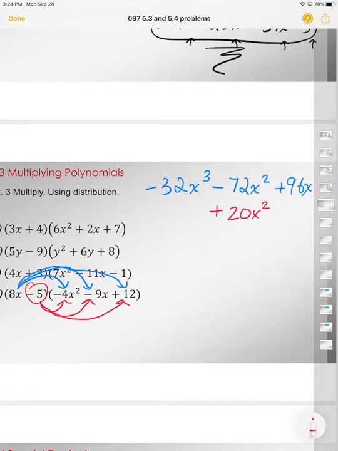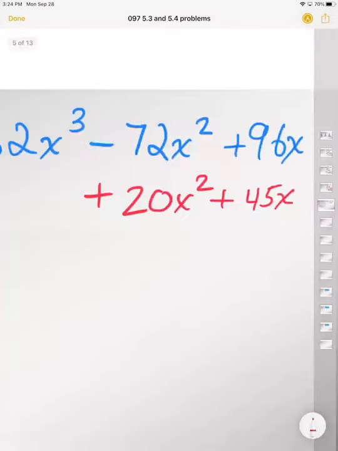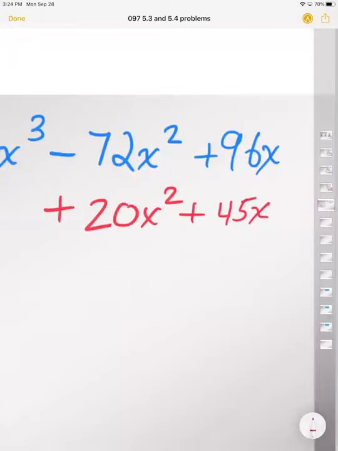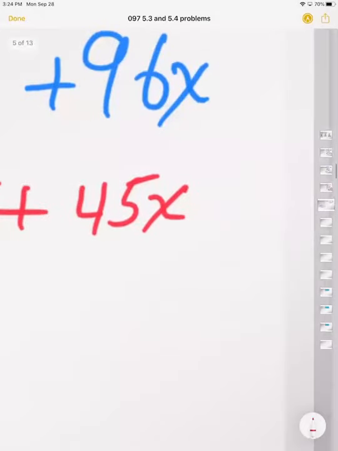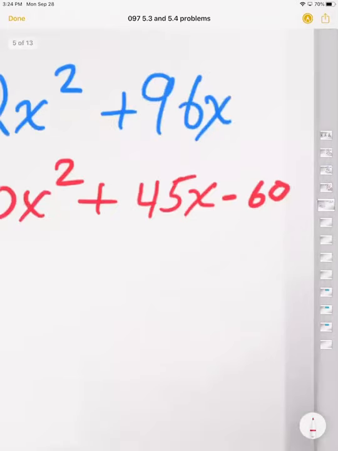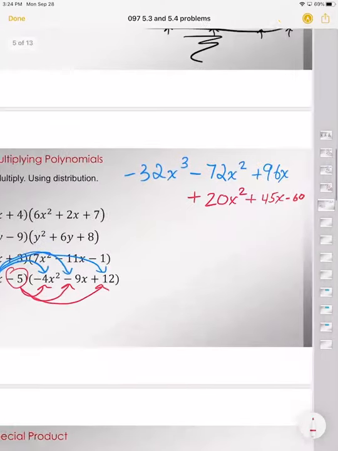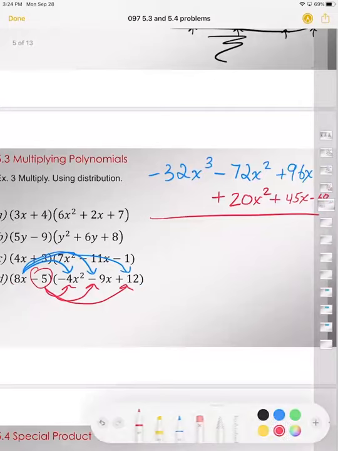Negative times negative will give me a positive, and 5 times 9 gives me 45x. And a negative times a positive will give me a negative 60. So a negative 60 will be here. And as you can see, this is what I should have.